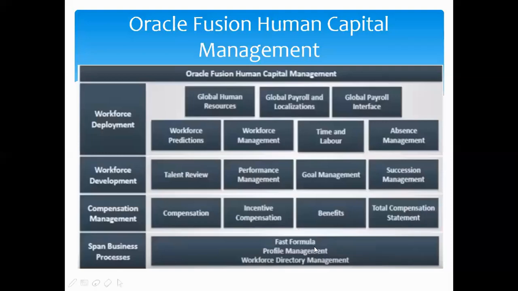Next, fast formula. People have written a lot of stored procedures or SQL statements, etc. However, for functional folks, in order to meet some specific goal, there is something called fast formula which has been introduced as a part of the HCM product.